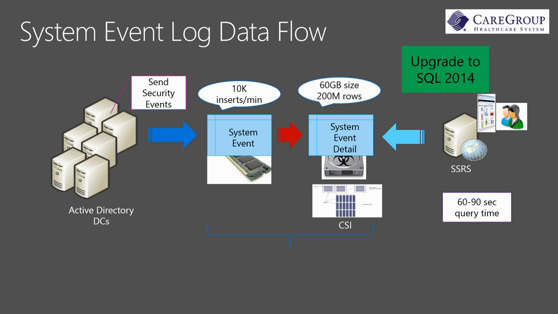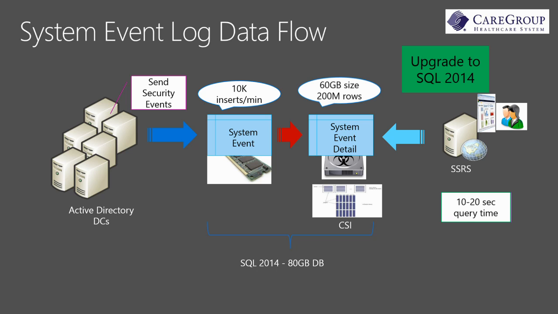The 90 gig size on the system event detail table was reduced to 60 gig. And for their overall database, they reduced down to 80 gig on disk. Query time went from 60 to 90 seconds on average to about 10 to 20.